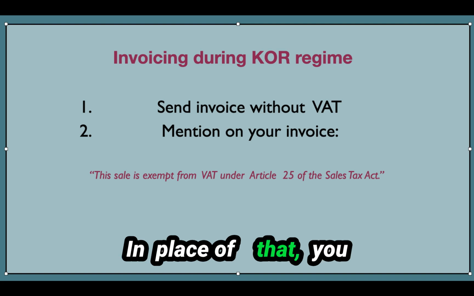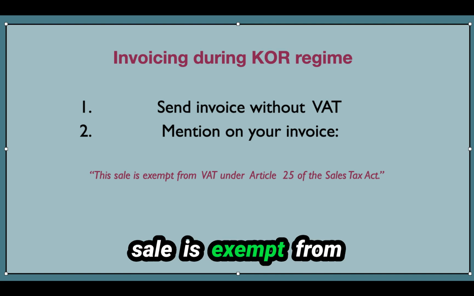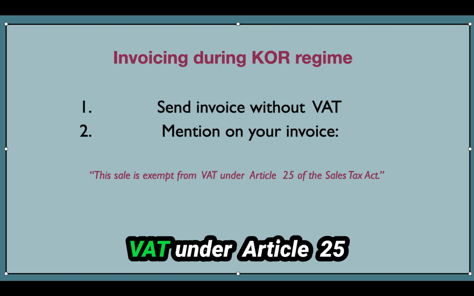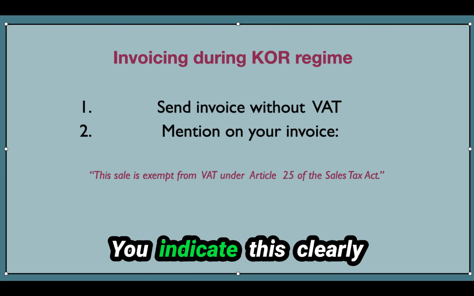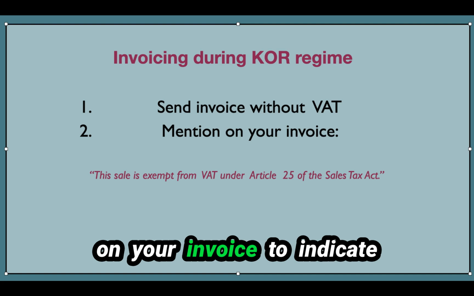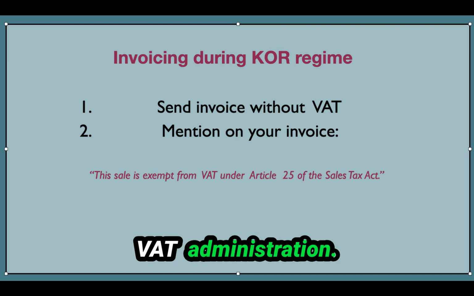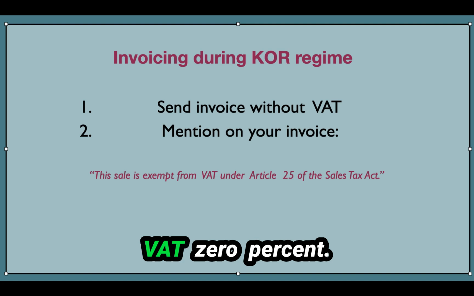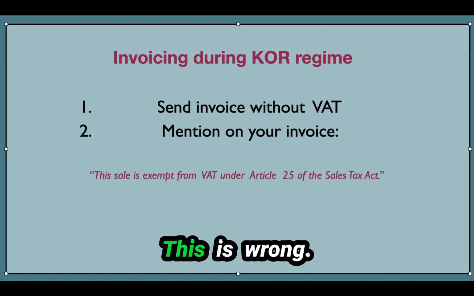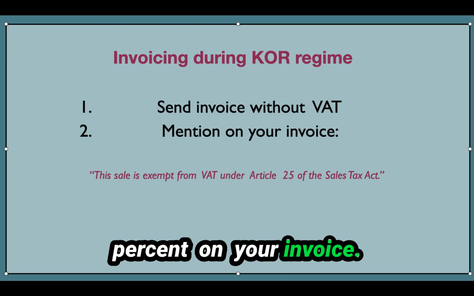In place of that, you are to indicate that the sale is exempt from VAT under Article 25 of the Sales Tax Act. You indicate this clearly on your invoice to show that you are exempted from VAT administration. I see people make the mistake of indicating VAT 0%. This is wrong. Do not indicate VAT 0% on your invoice.